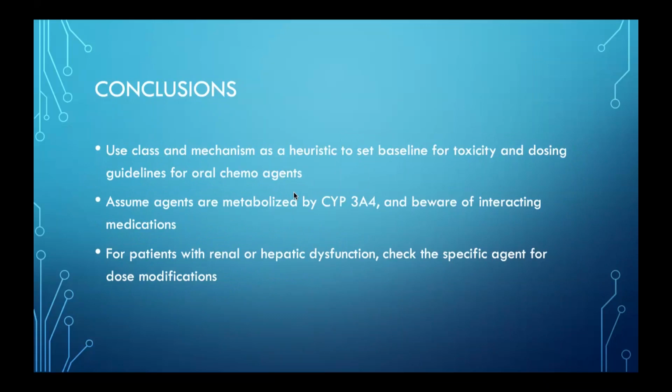We need to be aware of interacting meds, or big things to watch out for: azole antifungals, especially in AML, and then any anti-epileptic drugs or post-transplant medications, and like solid organ transplant recipients are going to be a concern. And then for renal hepatic dysfunction, not a great heuristic I can give for that, so you'll have to check the specific agent for dose modifications.